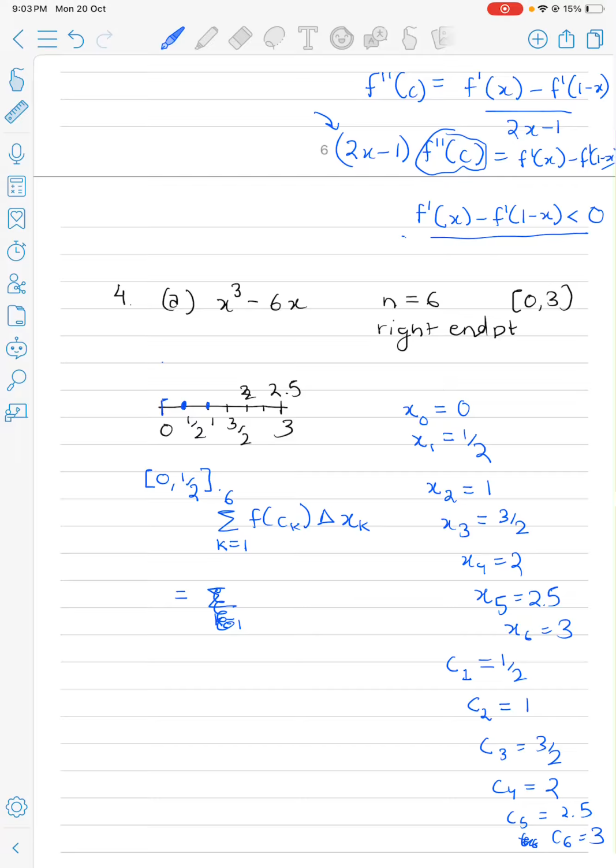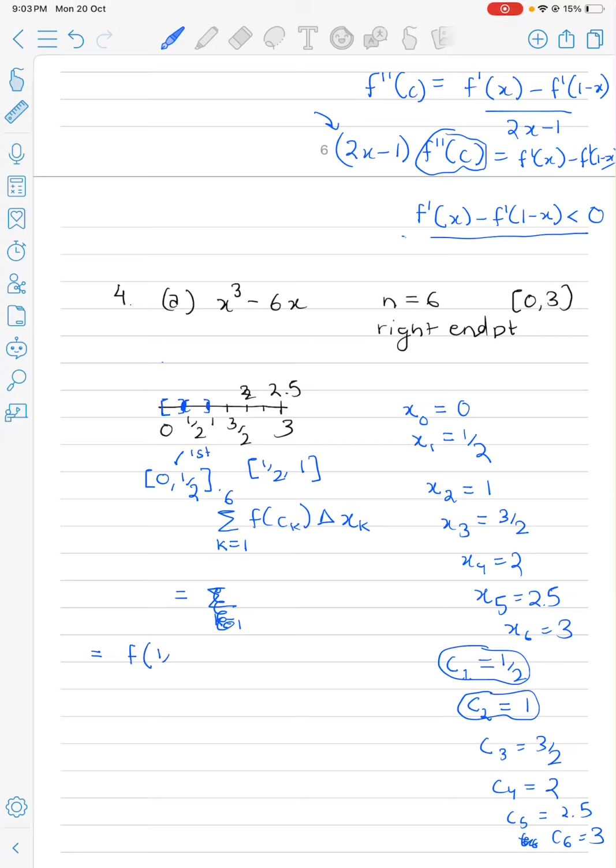So this is my first interval and right endpoint c1 is half. Second interval is half to 1, right endpoint is 1, right? Okay, so let's now put the values.